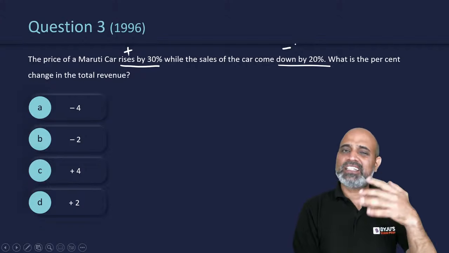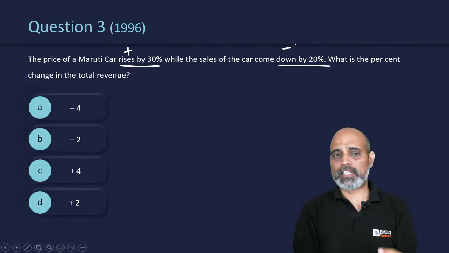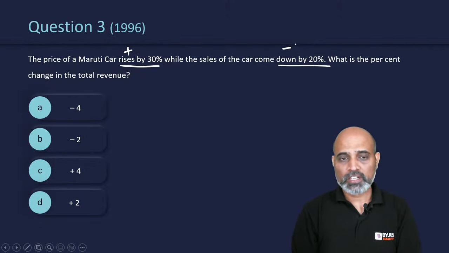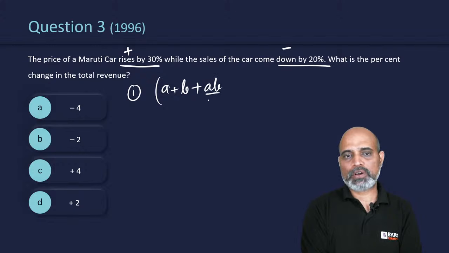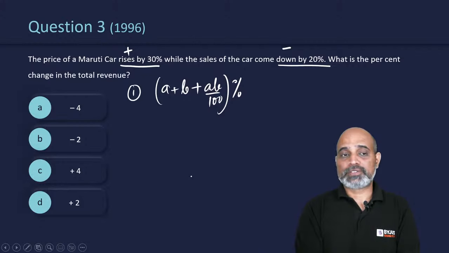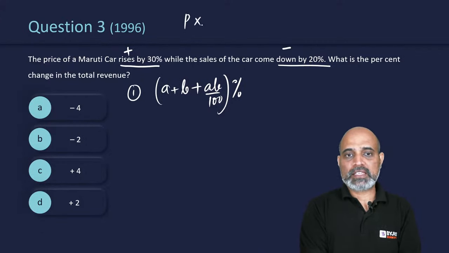So there are at least 3 different ways to solve it. I'll be discussing 2 ways to solve this. The first approach being using the formula A plus B plus AB upon 100 percentage, because this is successive in nature, right? So price into sales will give us revenue, right?